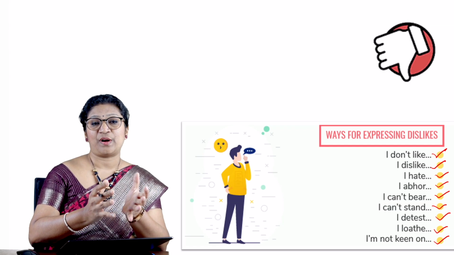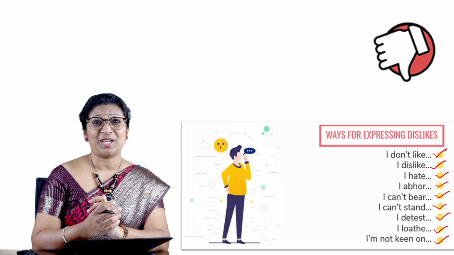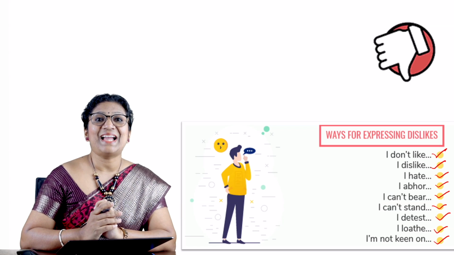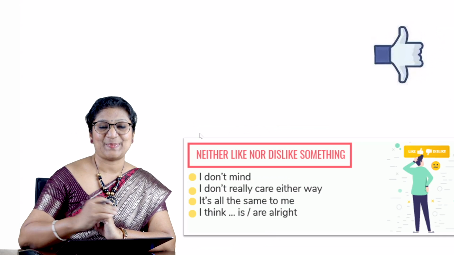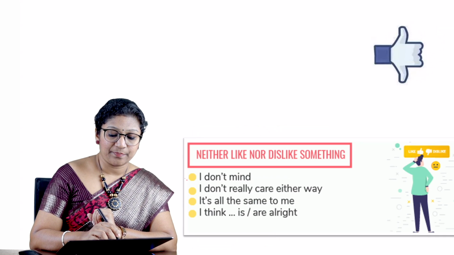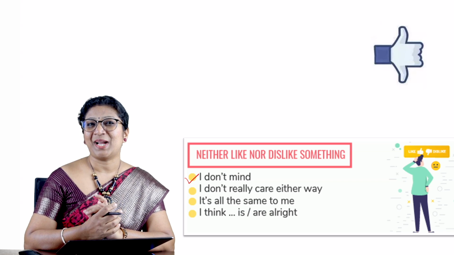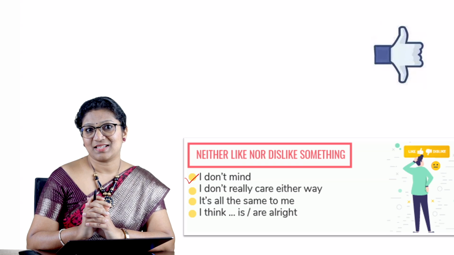Now we also saw a third situation where you're somewhere in between, where you do not completely like or dislike something. In that case, how do we express ourselves? Well, here is a list to help you out. You can say, I don't mind. Like I can say, I don't mind waking up in the morning, but it shouldn't be an everyday case.